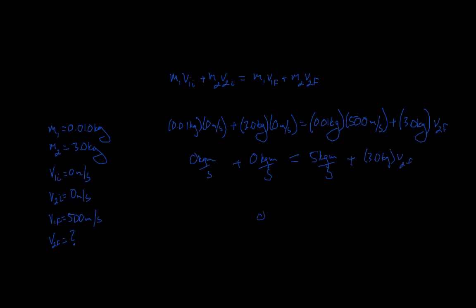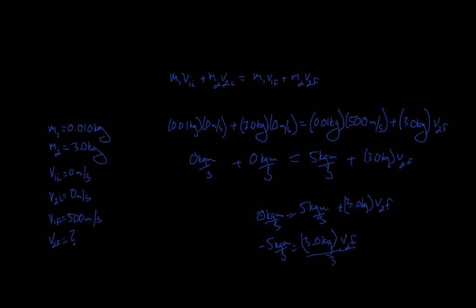Those combine: 0 kilogram meters per second equals 5 kilogram meters per second plus 3.0 kilograms V2 final. We'll subtract 5 kilogram meters per second to the other side, so negative 5 kilogram meters per second equals 3.0 kilograms V2 final.